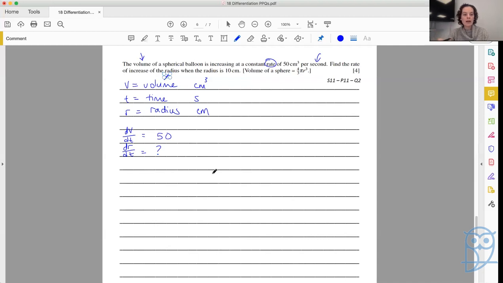So we've got a v and a t, we've got an r and a t, so the relationship that's missing is the v and the r. So if we think about the v and the r, we've got v equals 4/3 pi r cubed from our question. So now we've got that relationship between v and r.